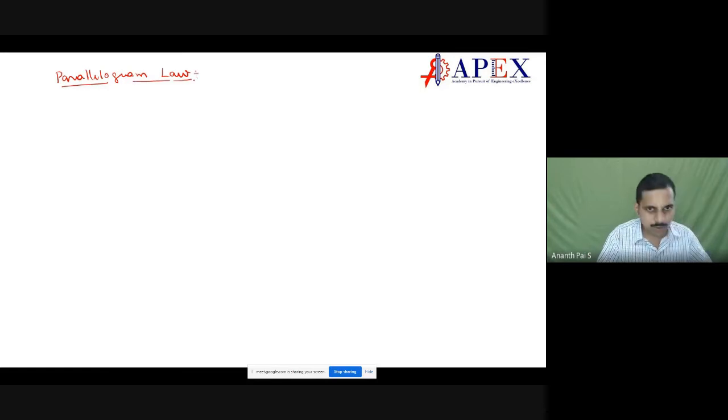Now, if I have a parallelogram, say this is O, and one side is represented by a vector P, and another side is represented by vector Q. Let us complete the parallelogram. This is the total parallelogram I can have, is it not?